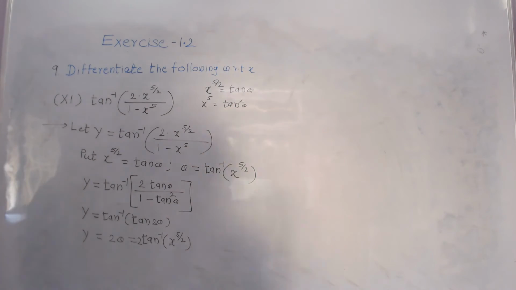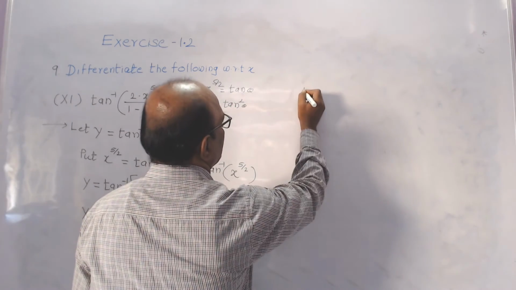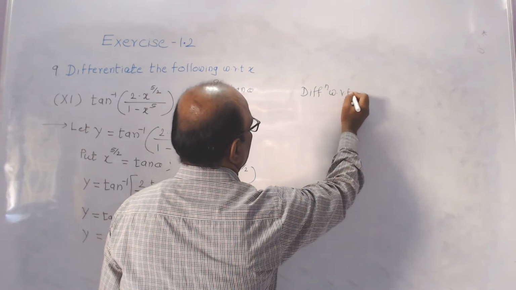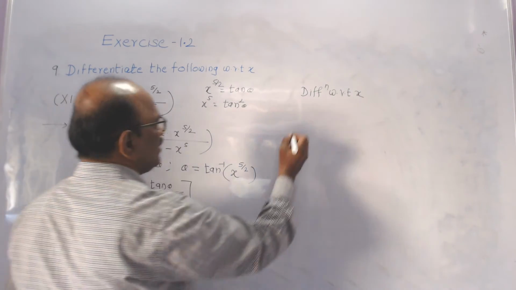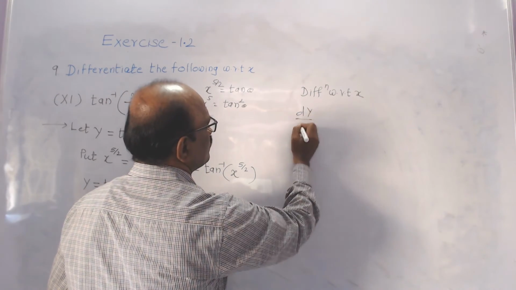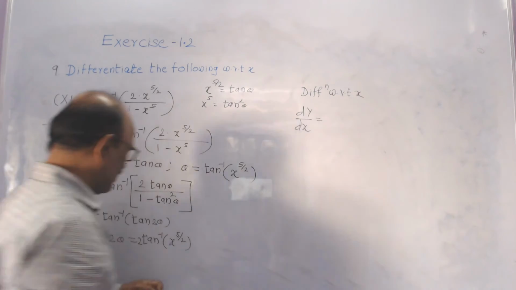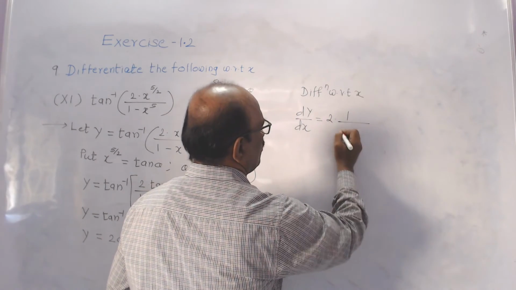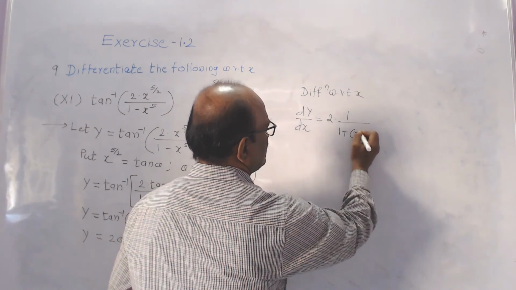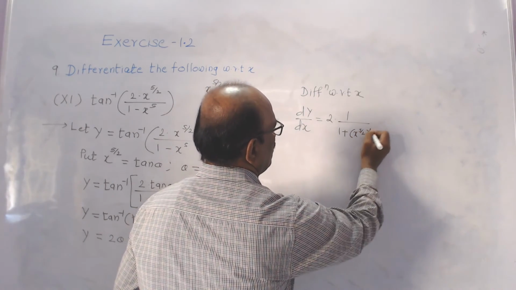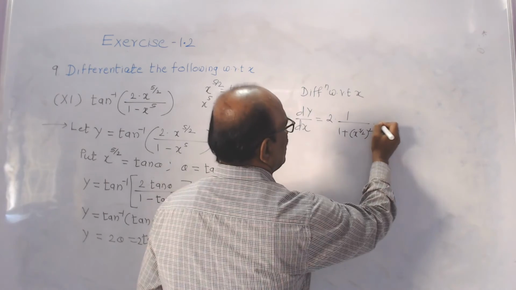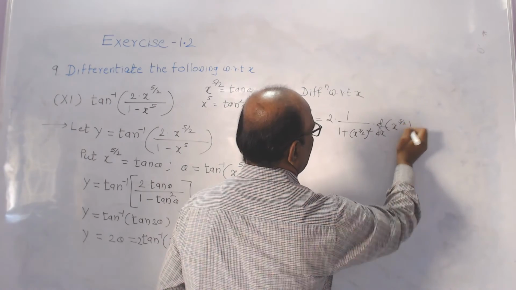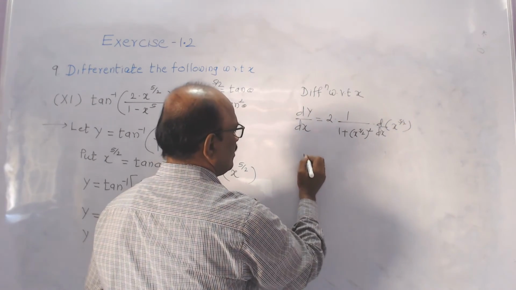Now we will differentiate this with respect to x, and therefore dy by dx is equals to 2 upon (1 plus (x raised to 5 by 2) bracket square) into d/dx of x raised to 5 by 2.